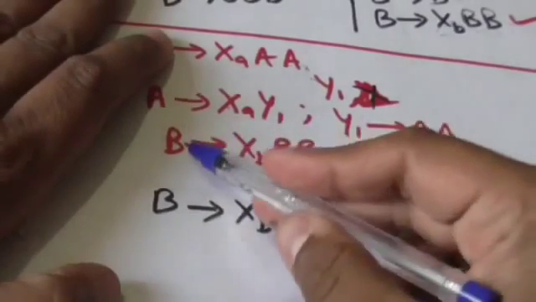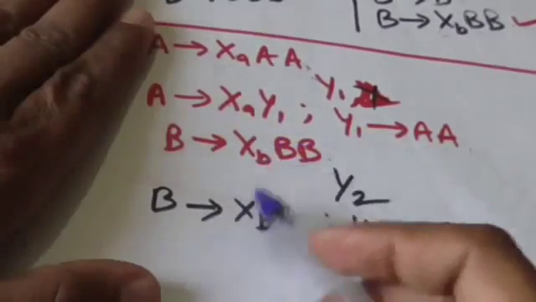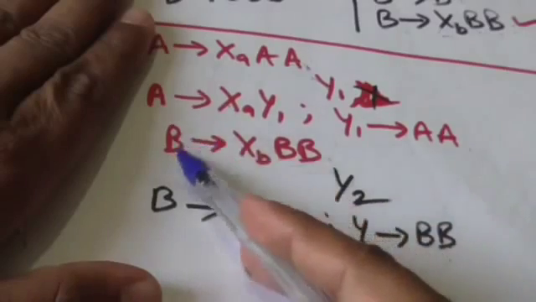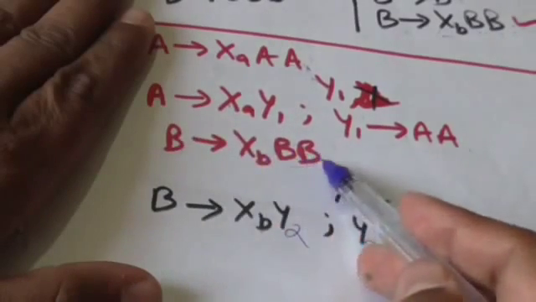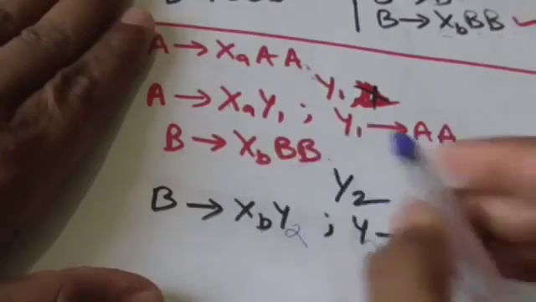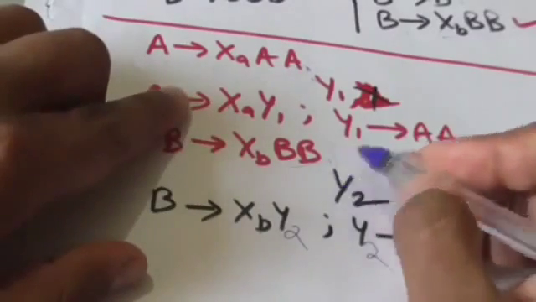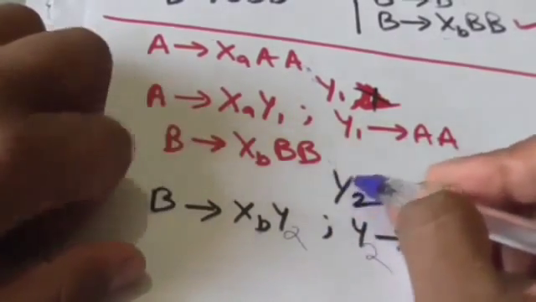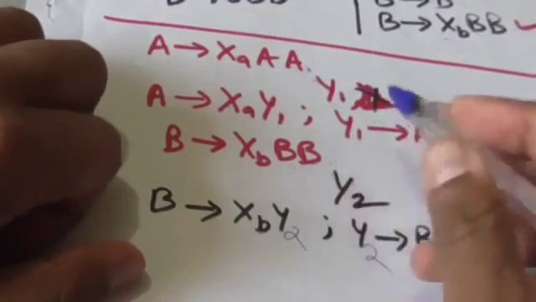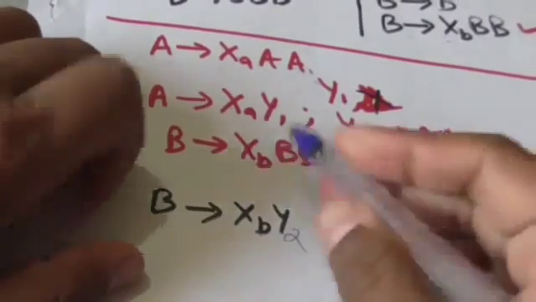Now see this production. B derives XBPP. It is not in Chomsky normal form because right hand side of this production is a string of 3 variables. So we will add a new variable y2 to set V of grammar G. Right?